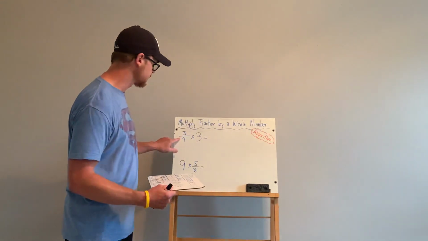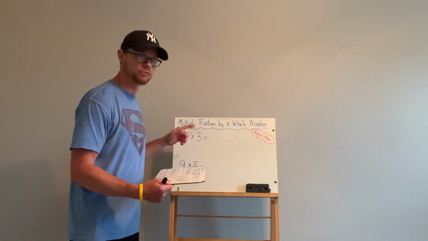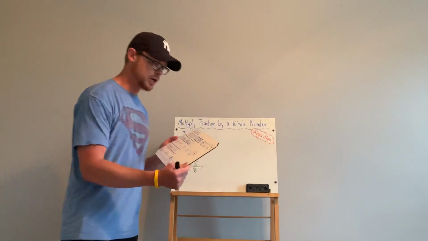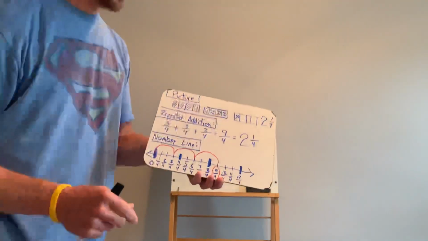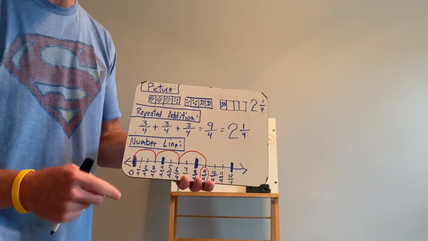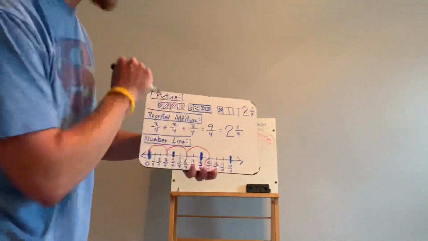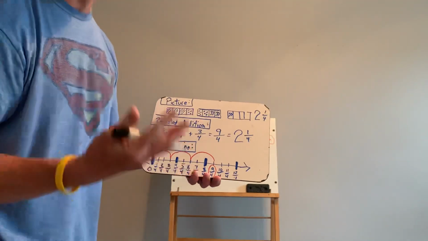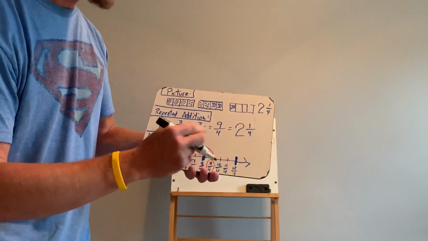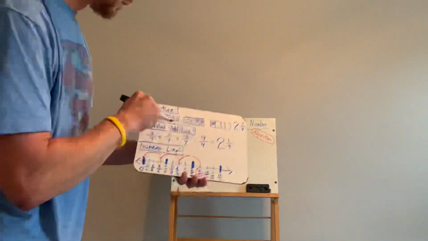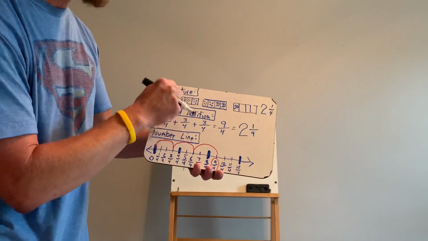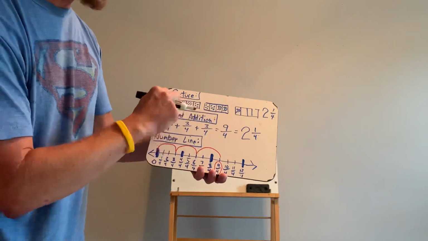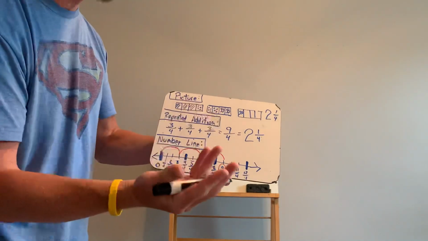I had my equation of 3/4 times 3. So my picture for 3/4 times 3: I'm going to represent 3/4 three times to get my answer. My denominator is 4, so I take one whole rectangle and break it up into 4 pieces. Then I shade in 3/4 and represent that 3 different times.